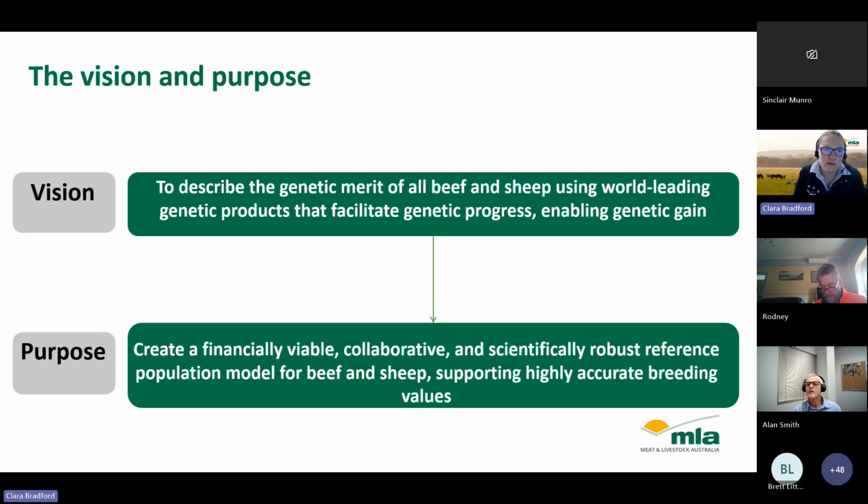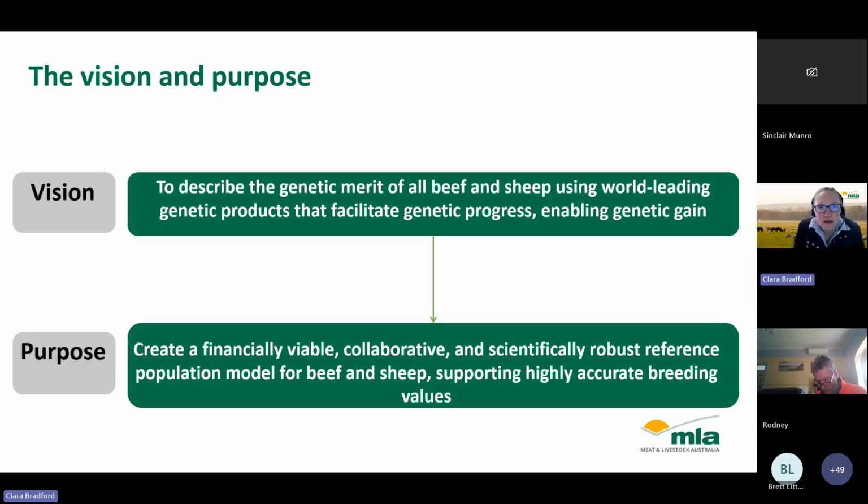So we came up with a bit of a strategy, and the vision really is to describe the genetic merit of all beef and sheep using world-leading genetic products that facilitate genetic progress and enable genetic gain. So that's everything from having highly accurate breeding values for our seed stock industry that really drive genetic progress, through to enabling the use of genetic tools for our commercial industry to help determine where they place animals within the marketplace.